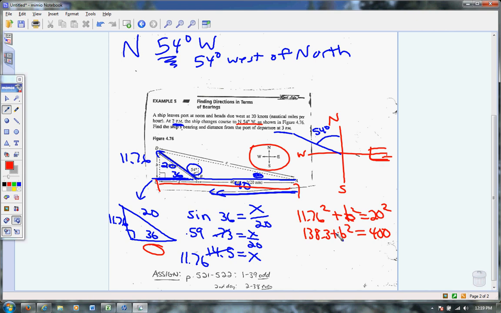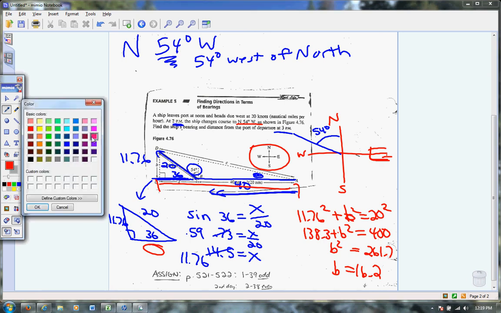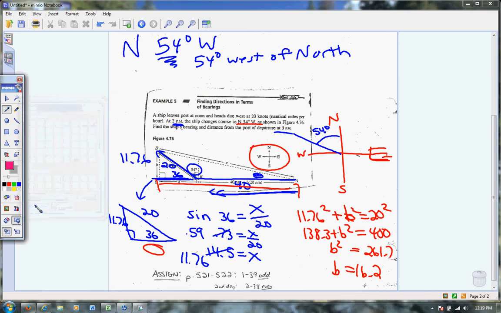So 400 minus 138.3 is 261. Take the square root of that, and I get 16.2. So now I know that that little piece that I still needed right here, this thing is 16.2.